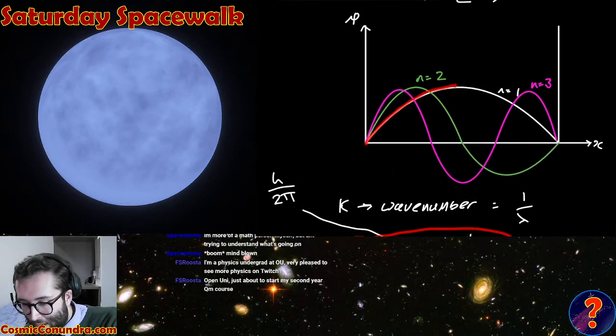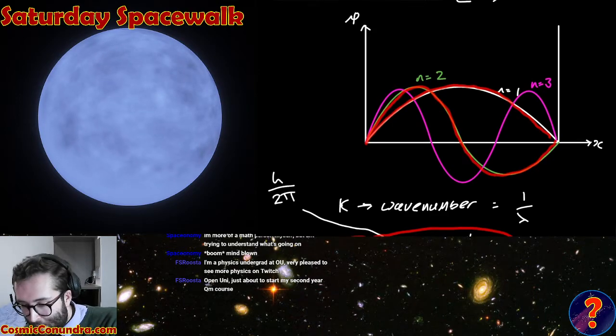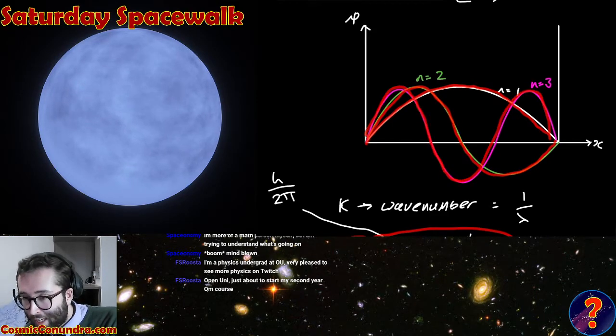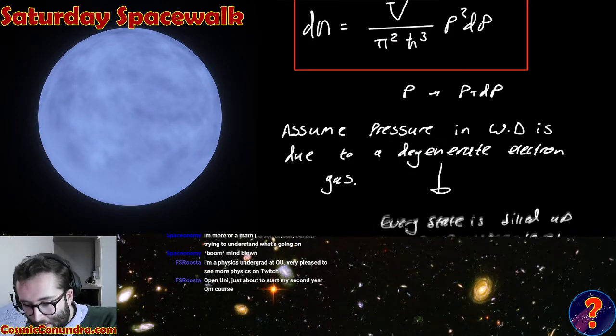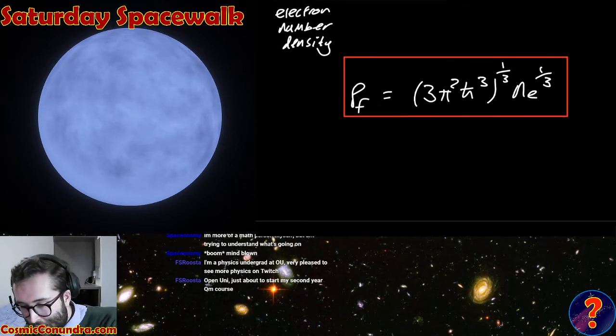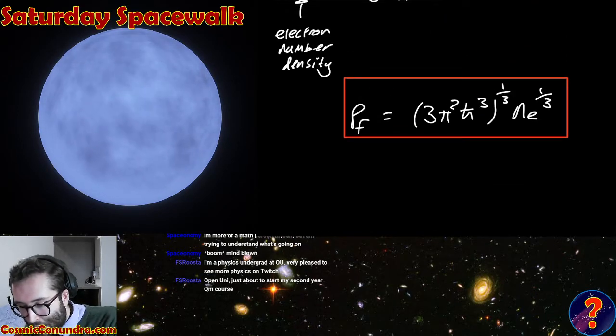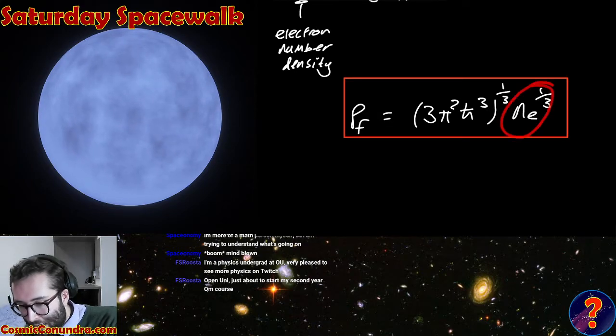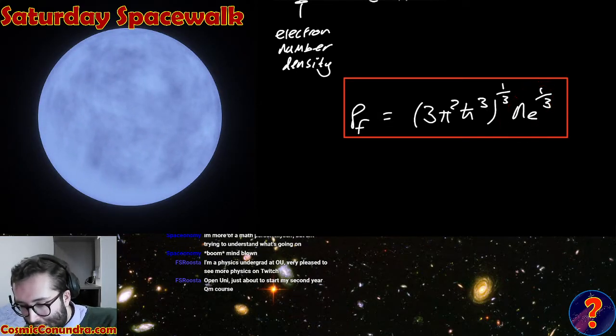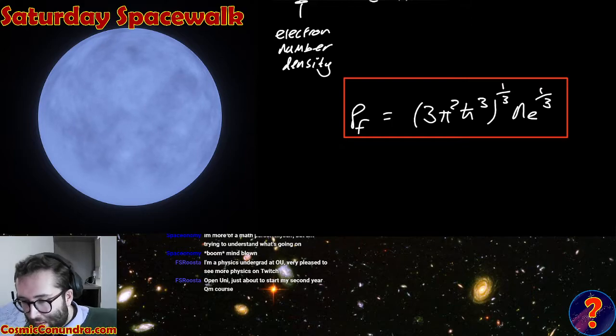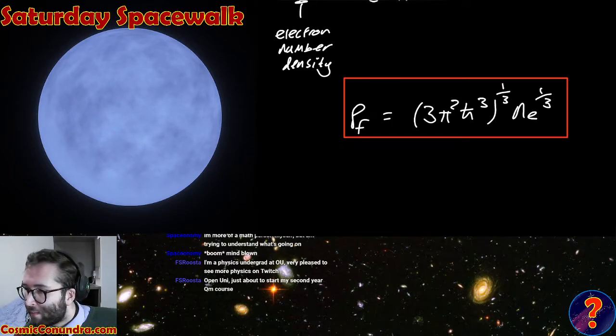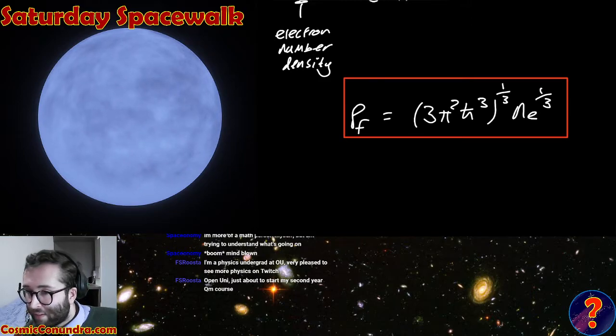So now every one of these states is filled up to the Fermi momentum that we've calculated in terms of the electron density. So you can see that the more dense the electrons are, the higher this density is, the higher the Fermi momentum will be. The higher you have to stack them up.